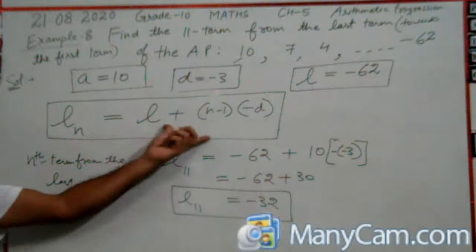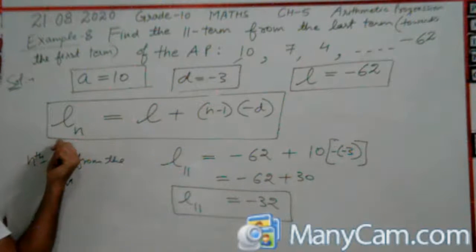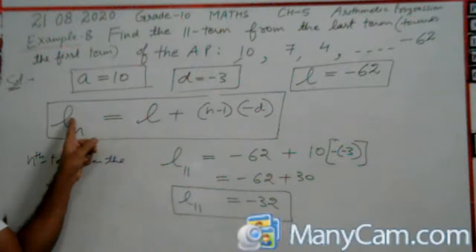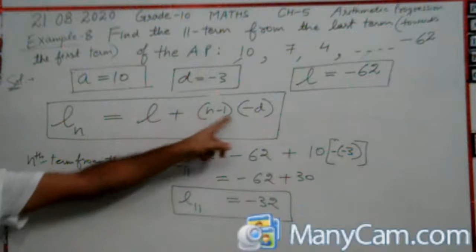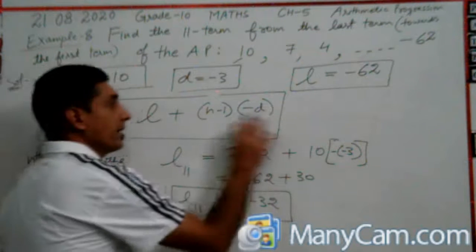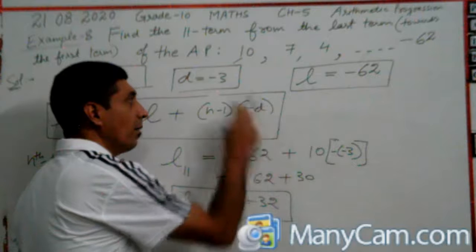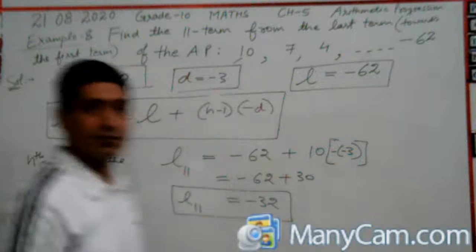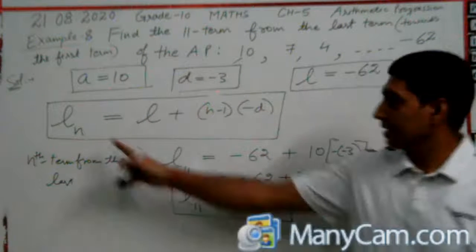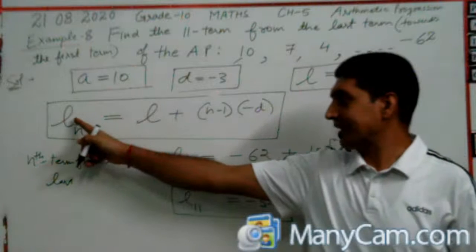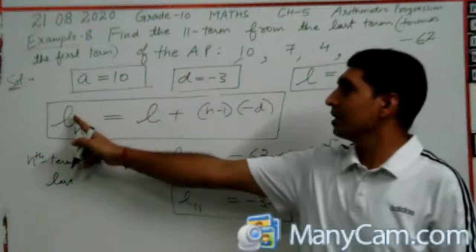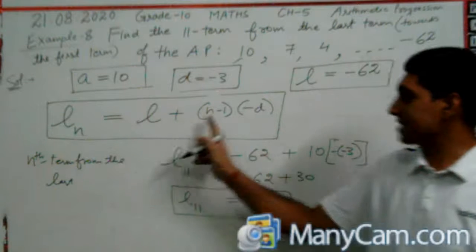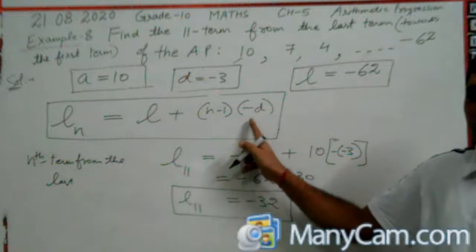Or in another way, by reversing the AP, the nth term from the last is the new first term plus n minus 1, making the common difference negative. Please note down this important thing: L is the last term, then the nth term from the last is L plus n minus 1 into minus d.